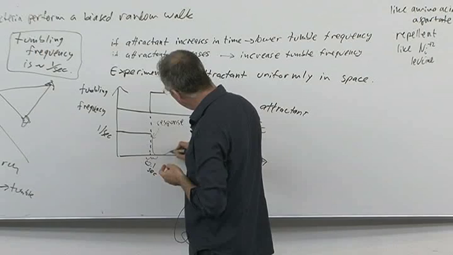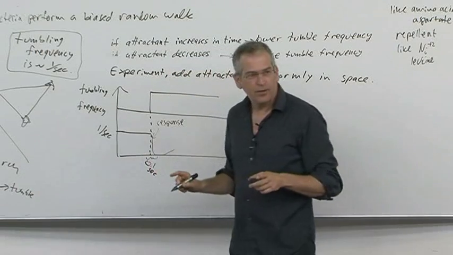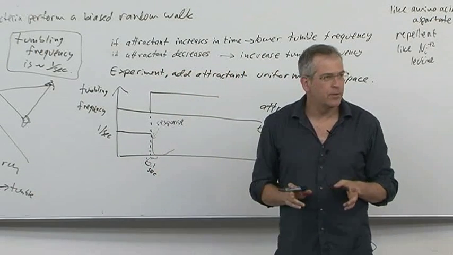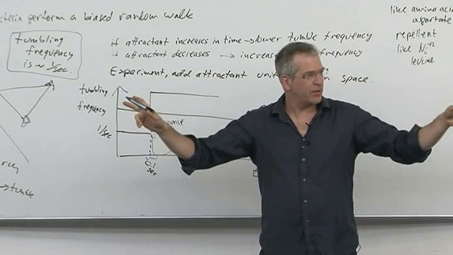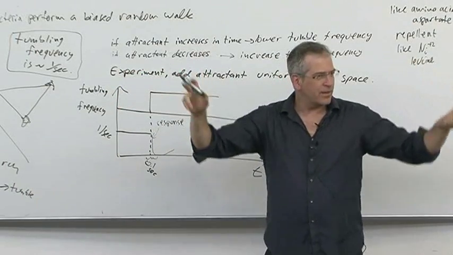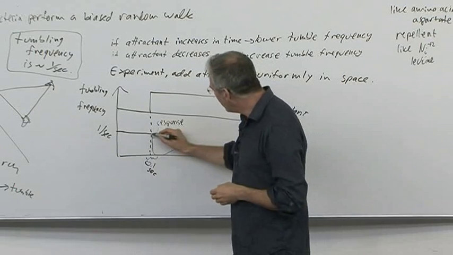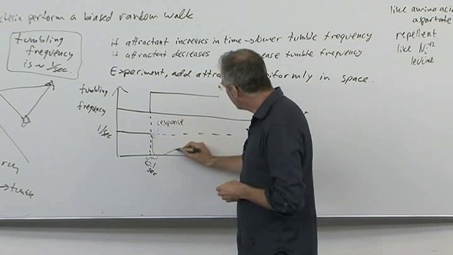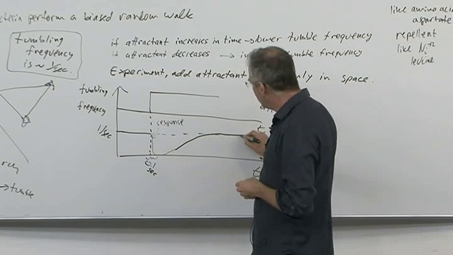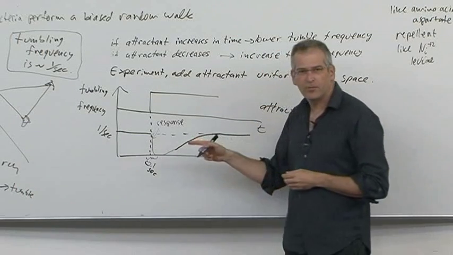And then something happens. They start tumbling again. So they realize that they've been fooled. They say, hey, things aren't getting better, things are just the same. They get restless again, and they start tumbling, and they reach the same tumbling frequency as before.